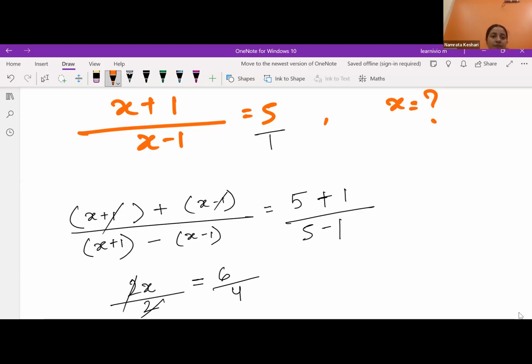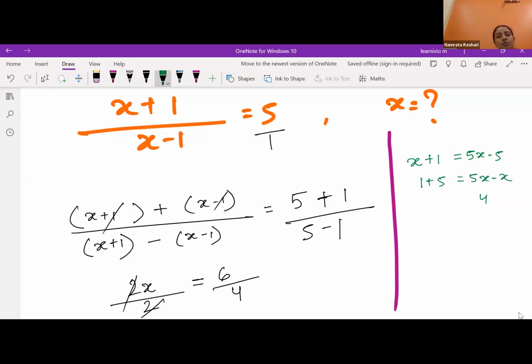Yes, ma'am. What if we solve our way, which we have learned from a very lower class, that is crisscross multiplication? Yes, you can do so. You will be getting x plus 1 is equals to 5x minus 5. That means you will be getting 5x minus x is equals to 1 plus 5. That means 4x is equals to 6.